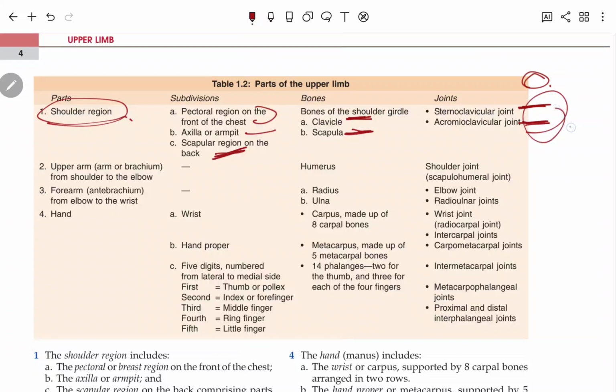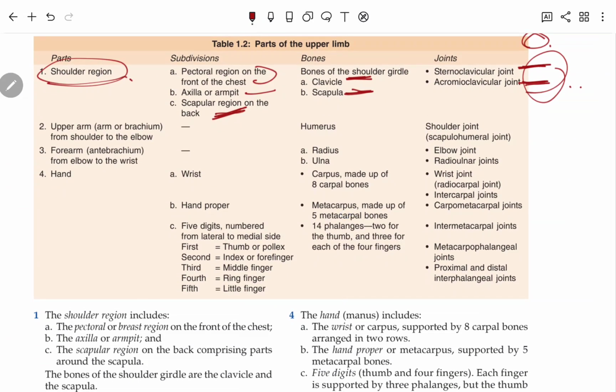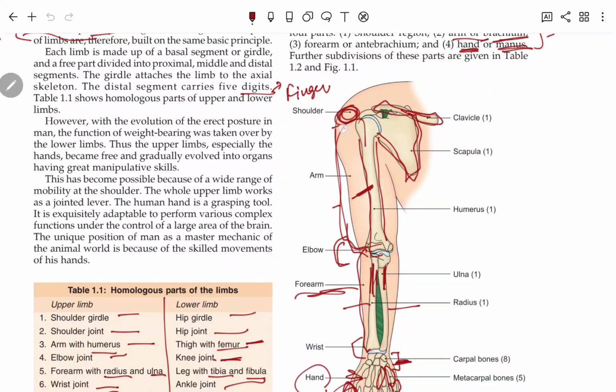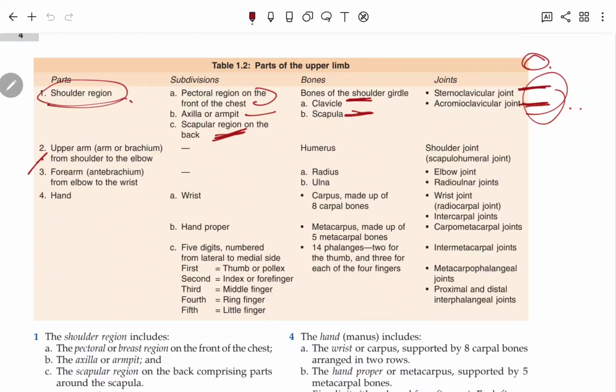We need to discuss them in upcoming lectures. Second is the upper arm or brachium, from shoulder to elbow. It has no subdivisions; it is one complete segment. It has the humerus bone and the shoulder joint, the scapulohumeral joint.